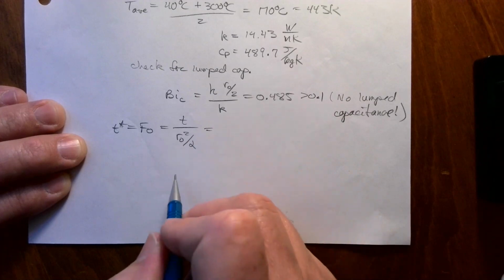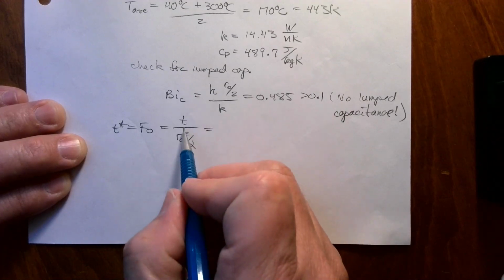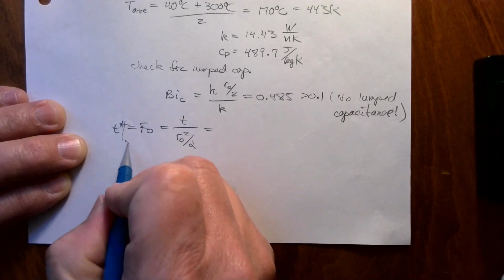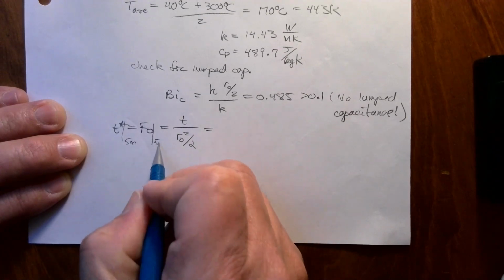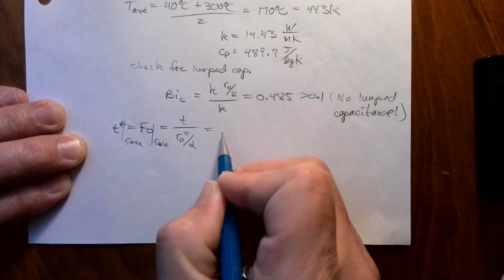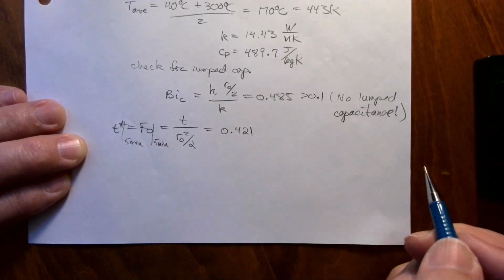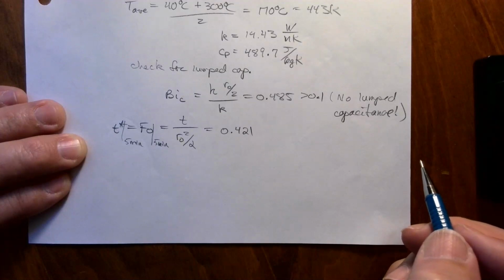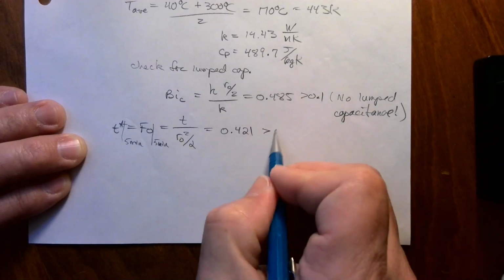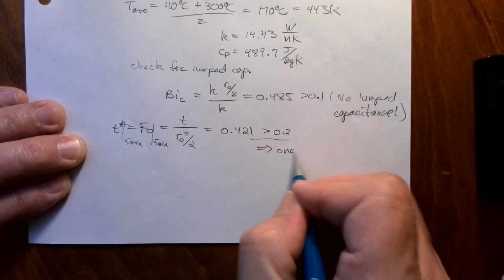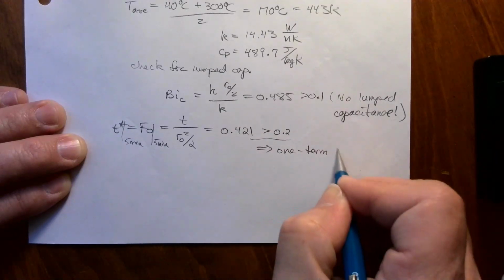Right, so we can now evaluate this at 5 minutes. The Fourier number at 5 minutes comes out to equal 0.421. Right, that's greater than 0.2, so that implies a one-term approximation is valid.